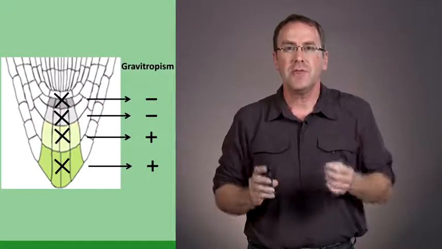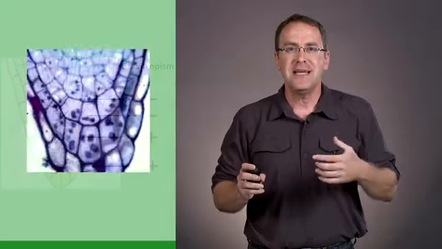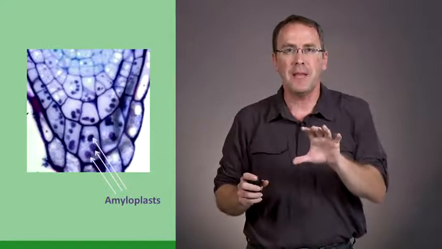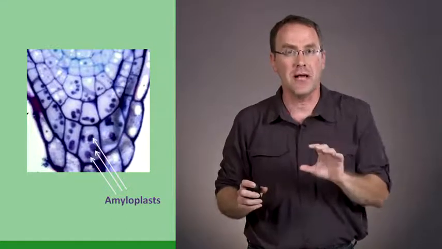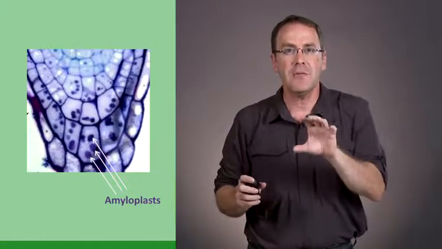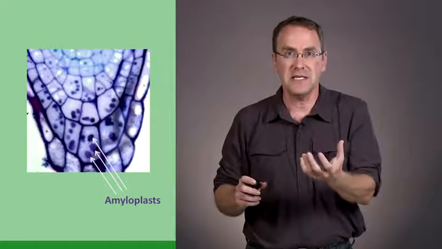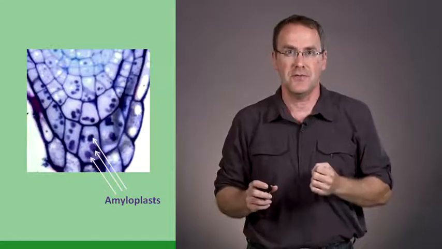And if you look at it with a microscope, what we see is that these cells contain specific organelles, specific subcellular structures, which are called amyloplasts. Amyloplasts are similar to chloroplasts, except that amyloplasts contain starch. They don't do photosynthesis, they accumulate starch.